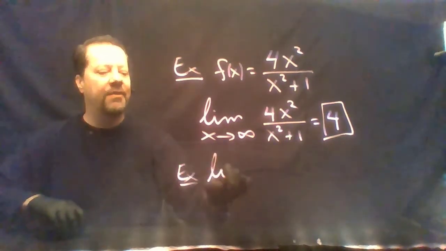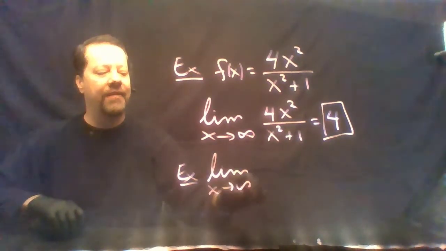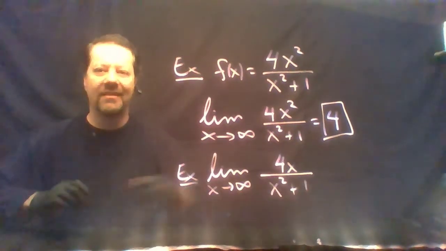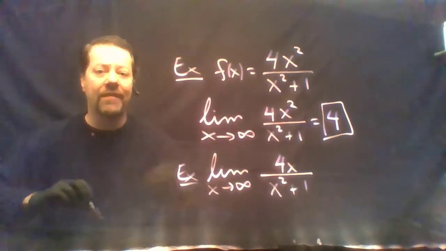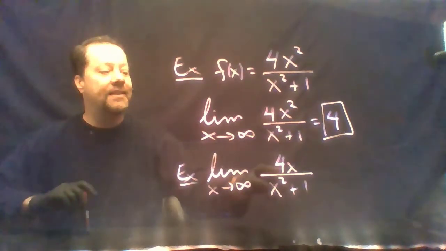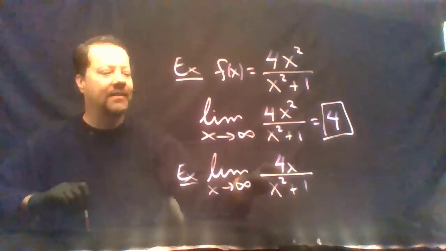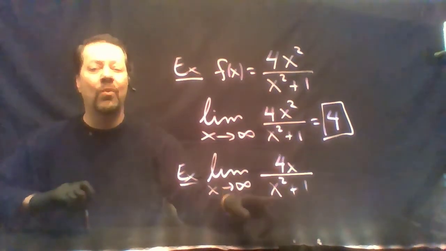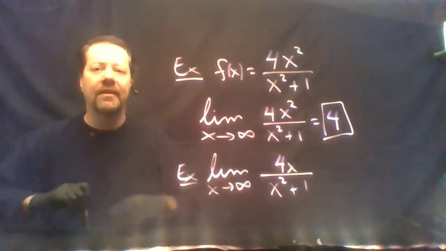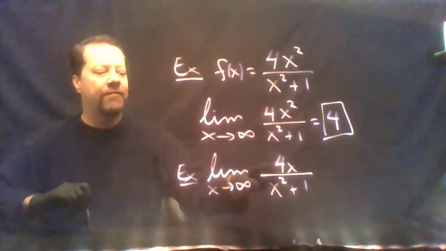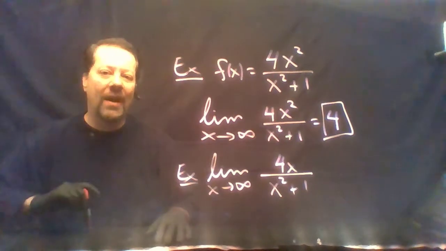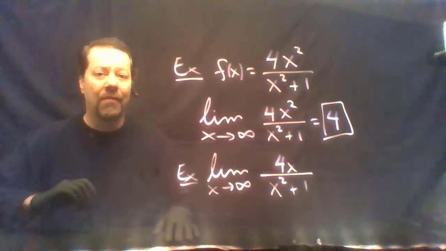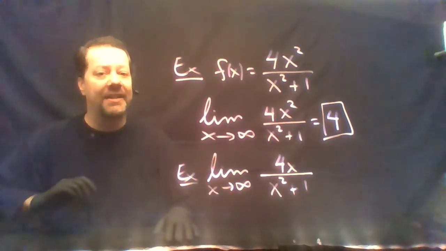What if the limit was like this? The limit as x goes to infinity of 4x over x squared plus 1. Let's try this one out with large values of x. If we plug in something like 1 million, the numerator is 4 million, but the denominator is close to 1 trillion. 1 million squared is 1 trillion. 4 million divided by 1 trillion-ish is very, very close to 4 divided by 1 million, which is a very tiny number.